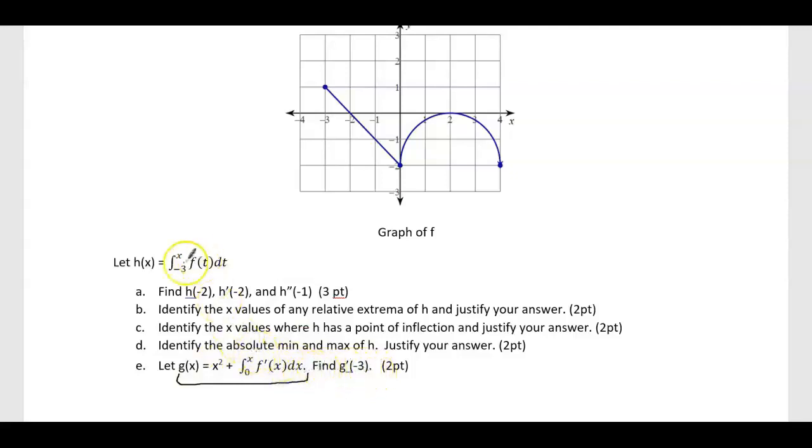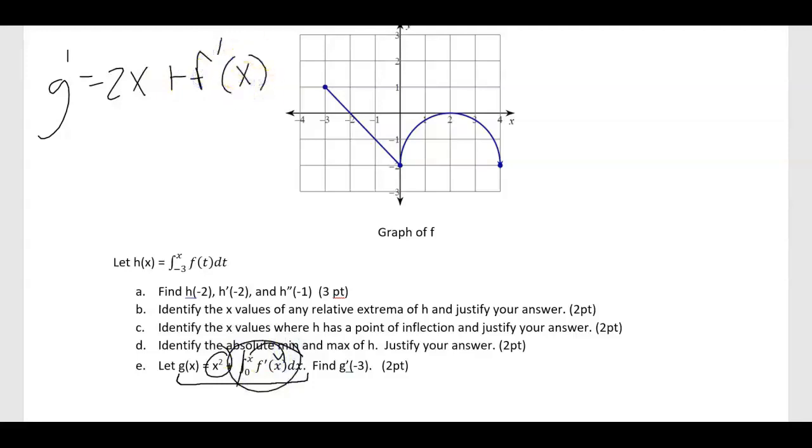All right. So first of all, I want to find g prime. So that means I'm going to take the derivative of all this stuff. So when you take the derivative of that, you're going to get 2x. And when you take the derivative of this, the integral is going to cancel and that x is going to drop in. So that's going to give me f prime of x. Okay. Now I want to find g prime of -3, so I'm going to plug it in.